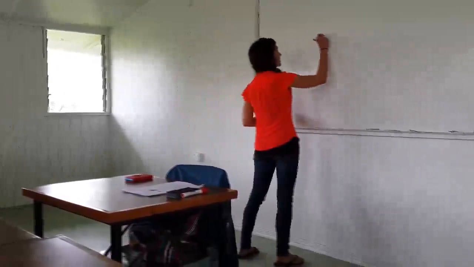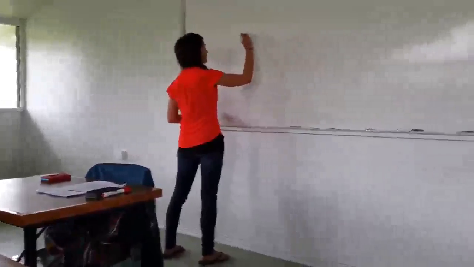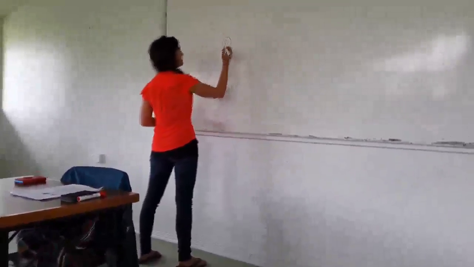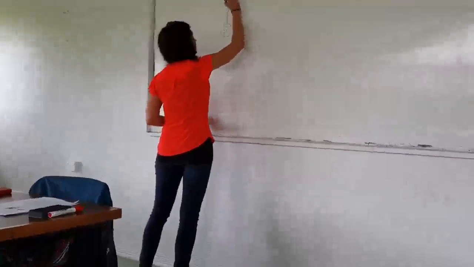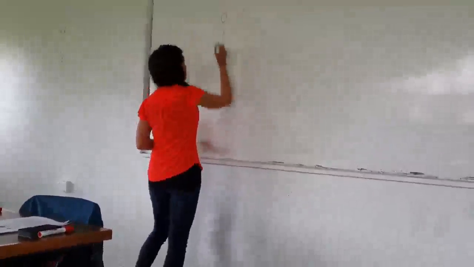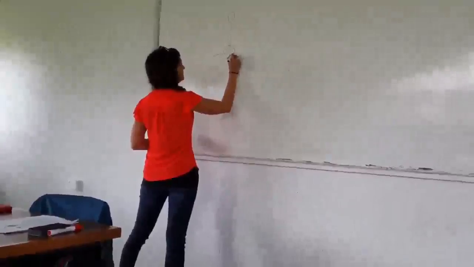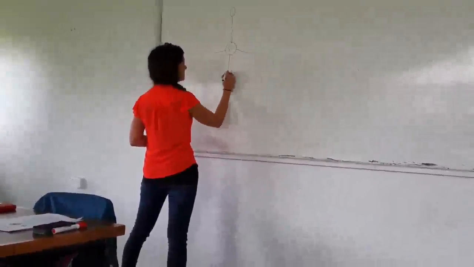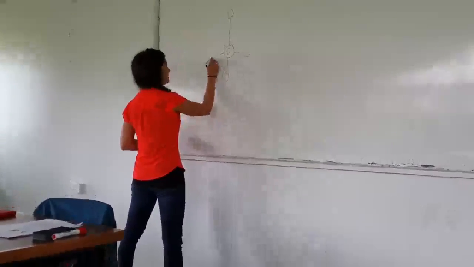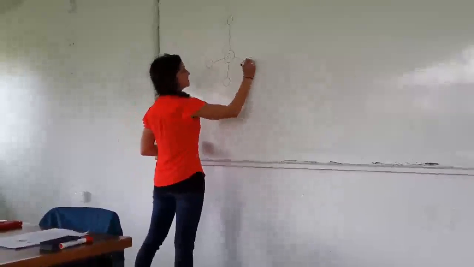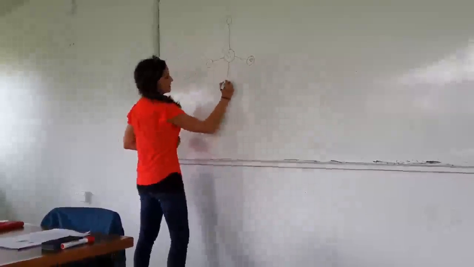So you have a silicon atom, and it's bonded in 4 corners to oxygen atoms.